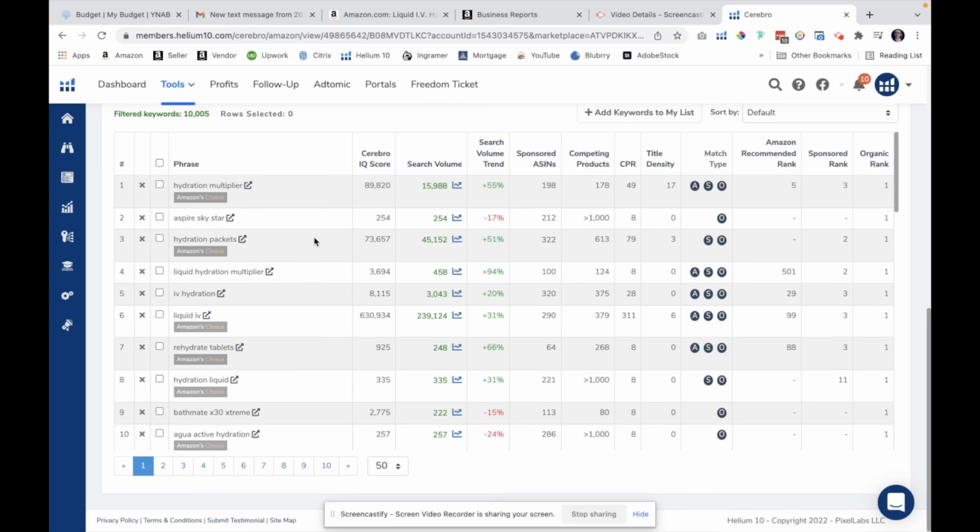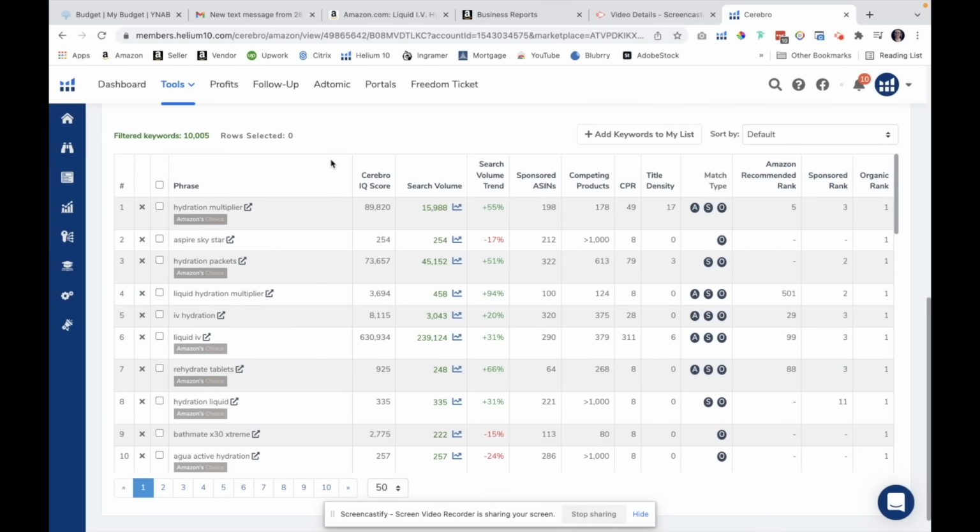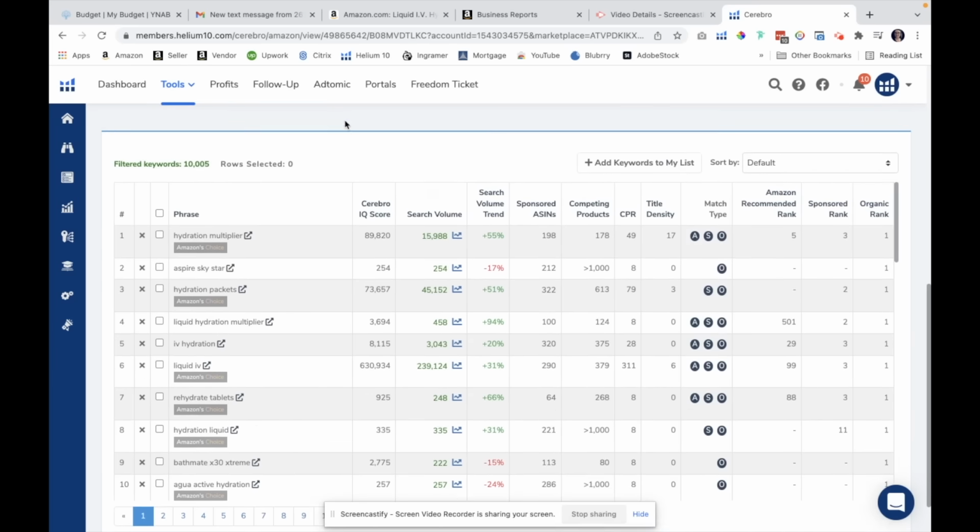So if this was not giving me good information or I wanted to drill down a little bit more, I would enter this ASIN into the brand analytics ASIN checker, and that would tell me what they are ranking for, and if they're spot number 1, 2, or 3, what percentage of conversion they get, what percentage of click through, and that can be a really nice way to check.